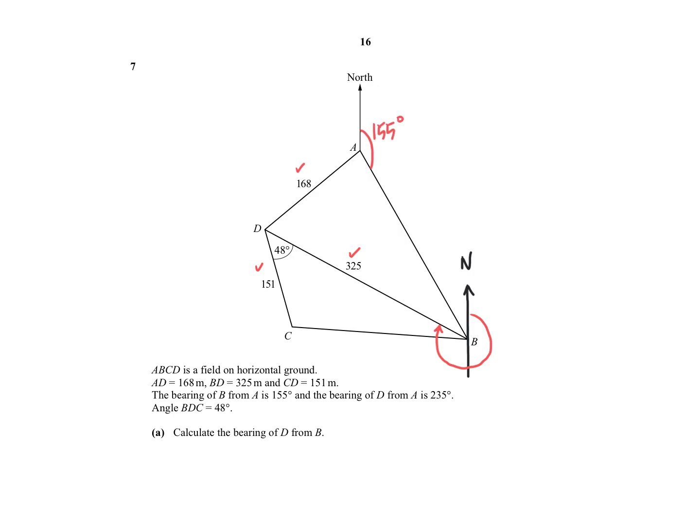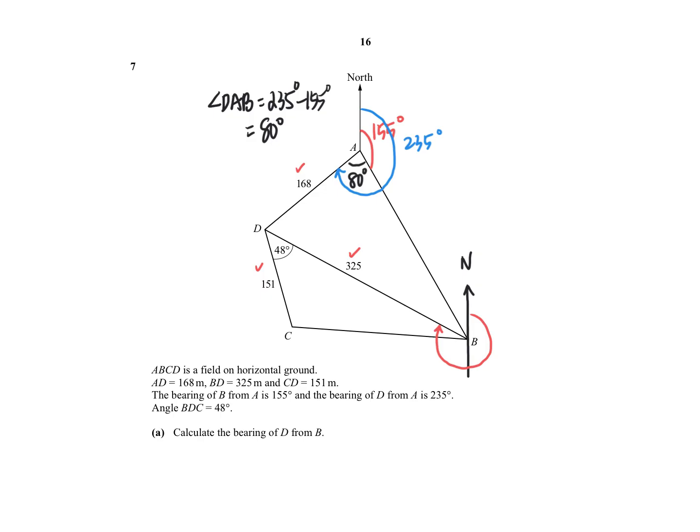Bearing of D from A means this whole thing is 235. Indirectly, they are telling you that the angle DAB is 235 take away 155. Sometimes the info is not on the diagram, you need to read. Don't assume everything is on the diagram already. So this is 80 degrees.